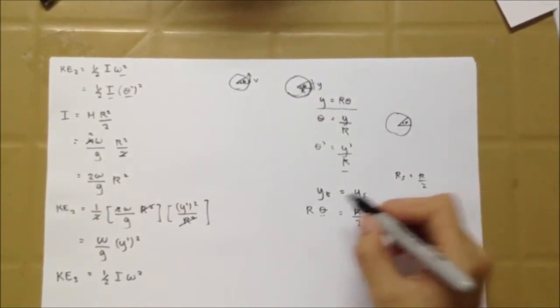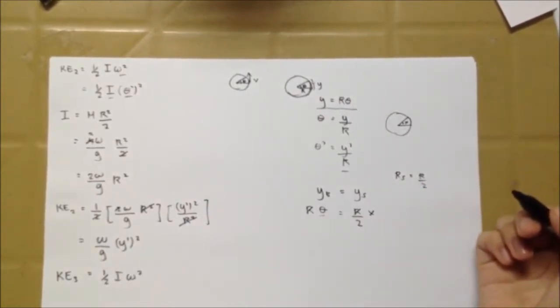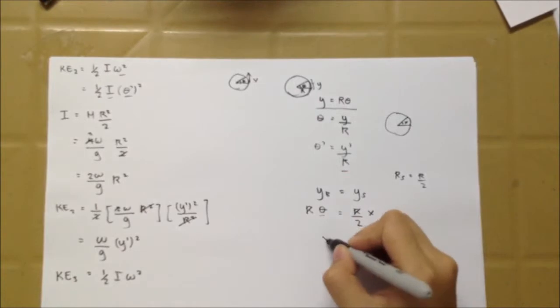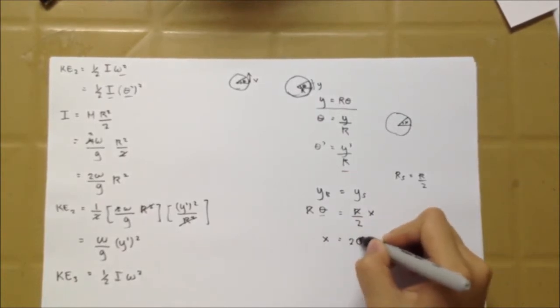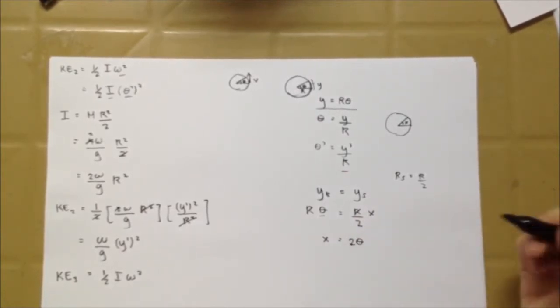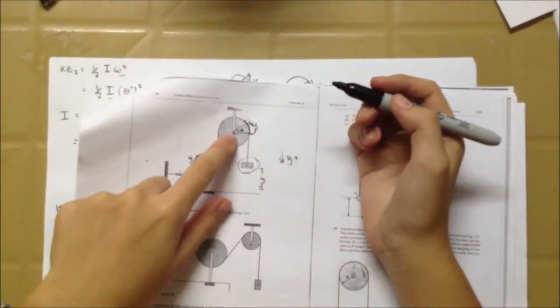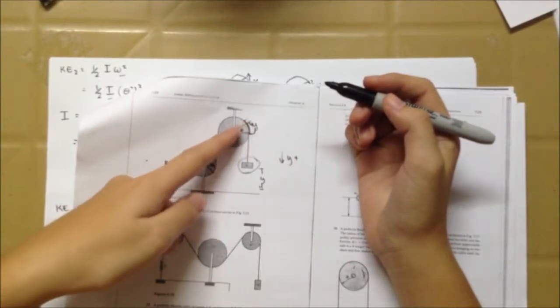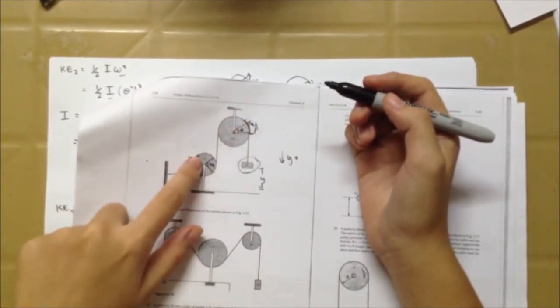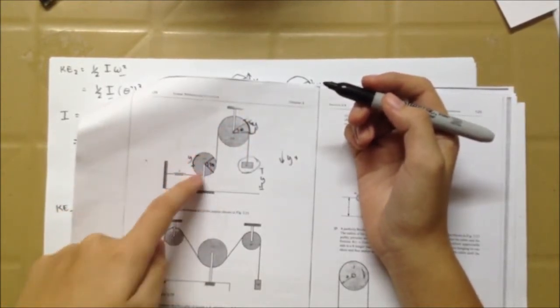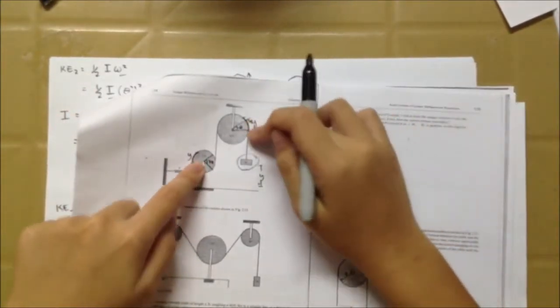We can cancel r since they correspond to the same radius, so x is equal to 2 theta. Meaning, if your bigger pulley travels a displacement theta, your smaller pulley travels twice the theta, which is reasonable since it is smaller compared to that one.